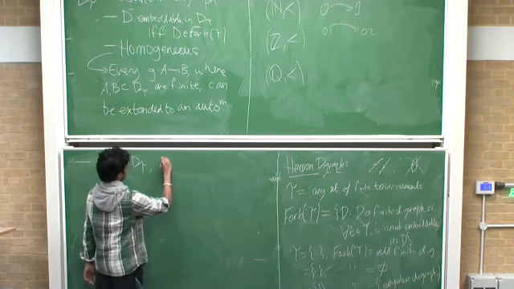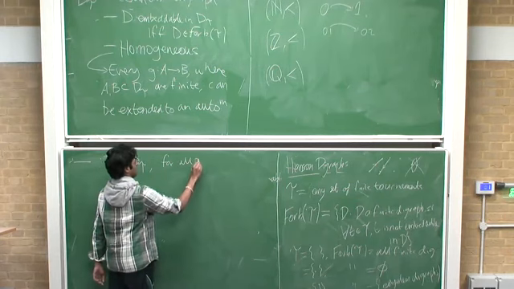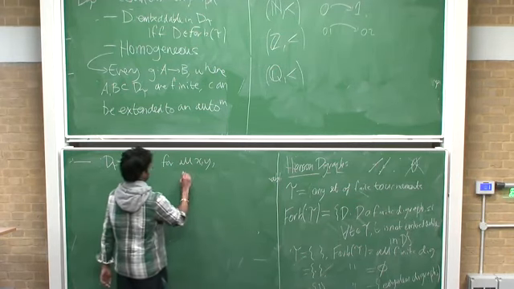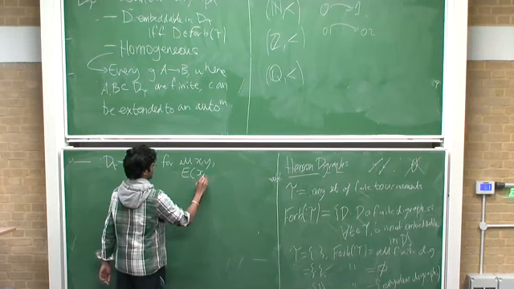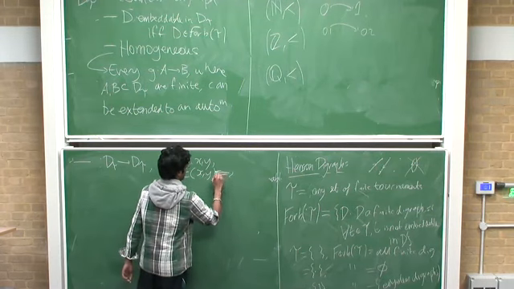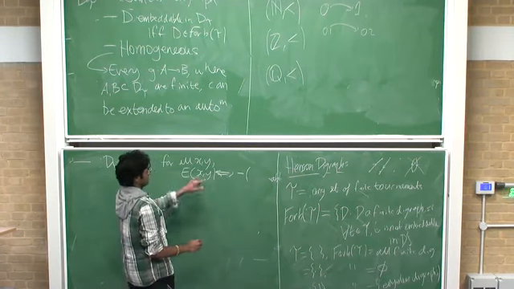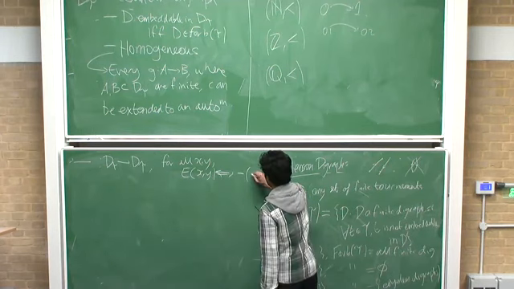So for all x, y, there's an edge from x to y if and only if there is an edge in the images, reversed.